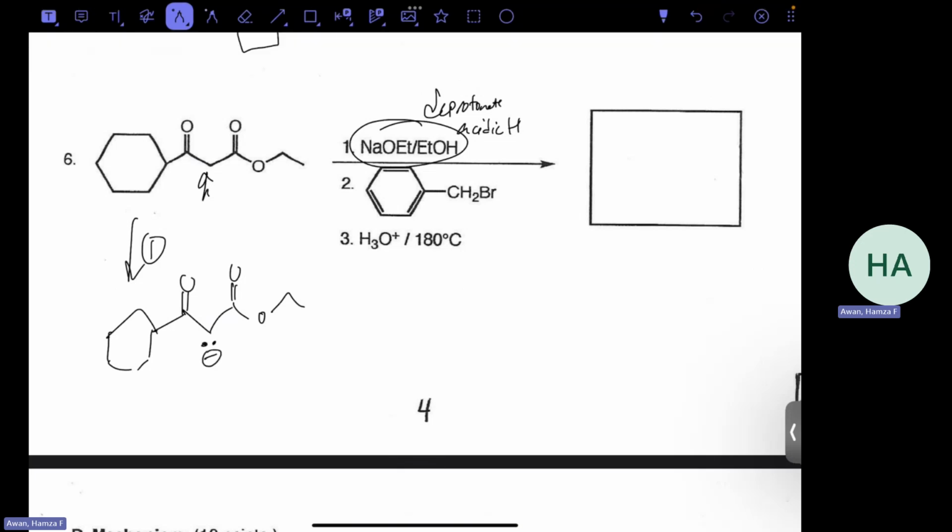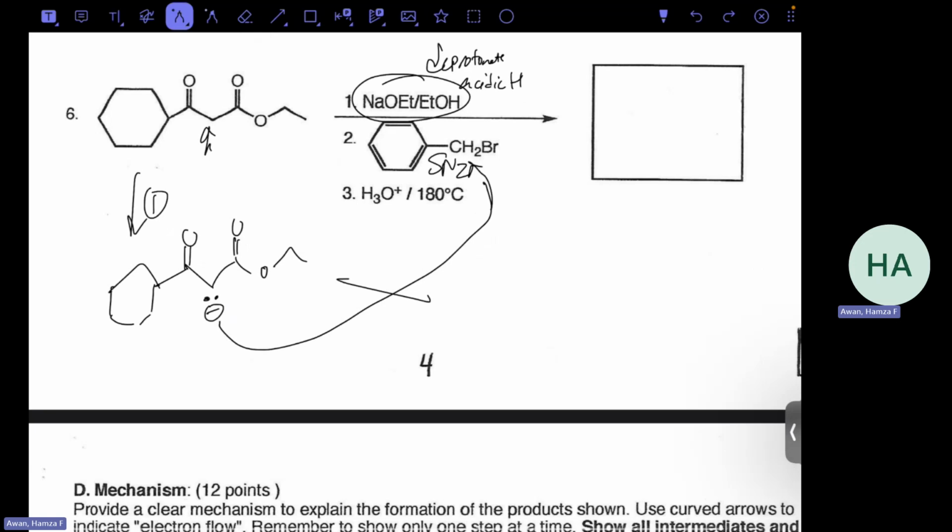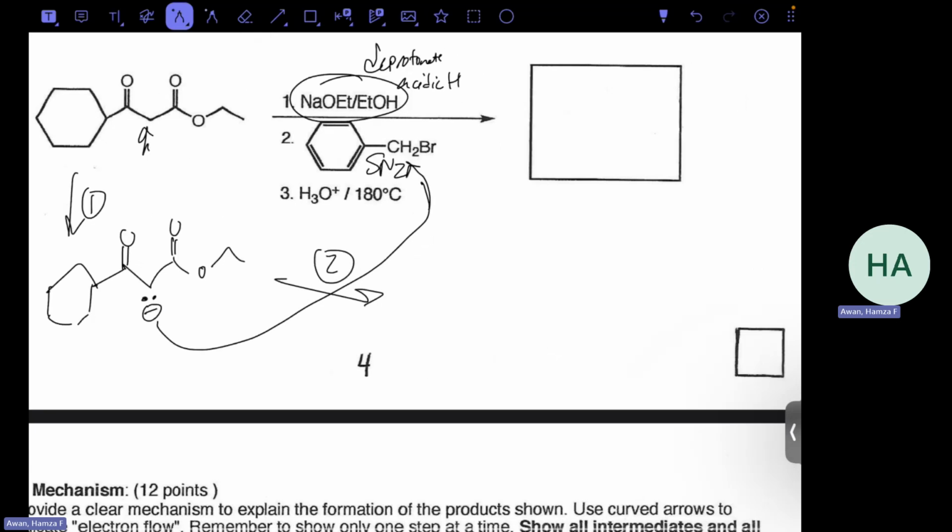Now we have kind of an SN2-like reaction where we add this CH2Br. That's going to look like this minus charge attacking the carbon that's attached to the bromine, so it's going to connect right at that point.